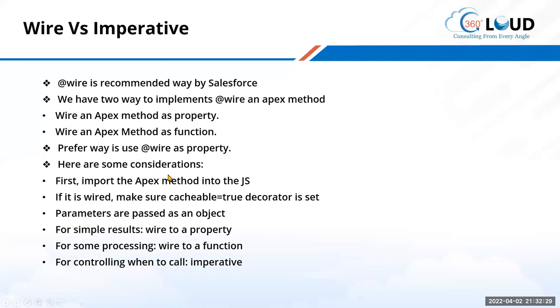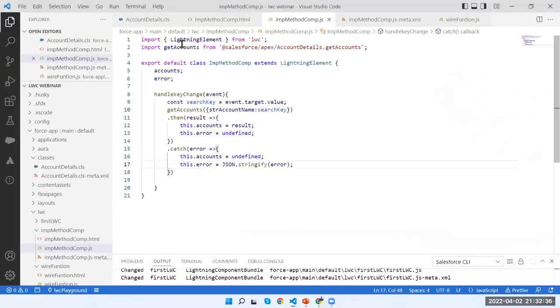So here are some considerations. First, import the apex method into the JS, just like we use the import section here. So we have to import the apex class and the particular method from that apex class.